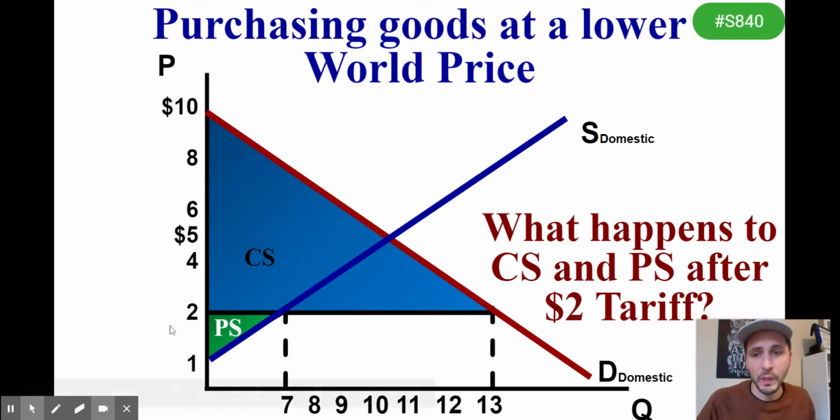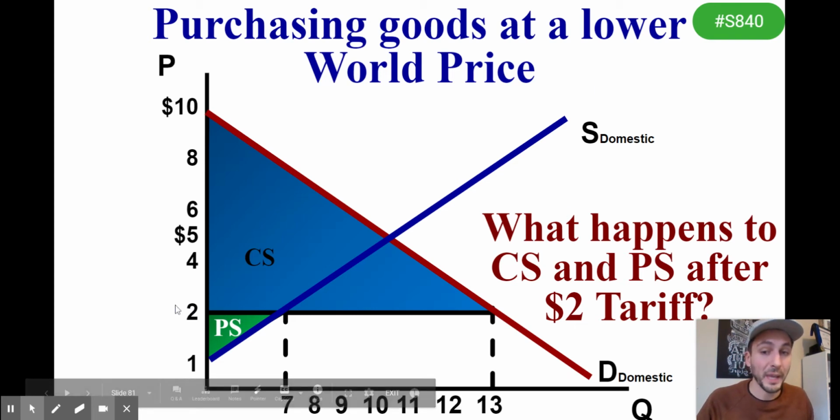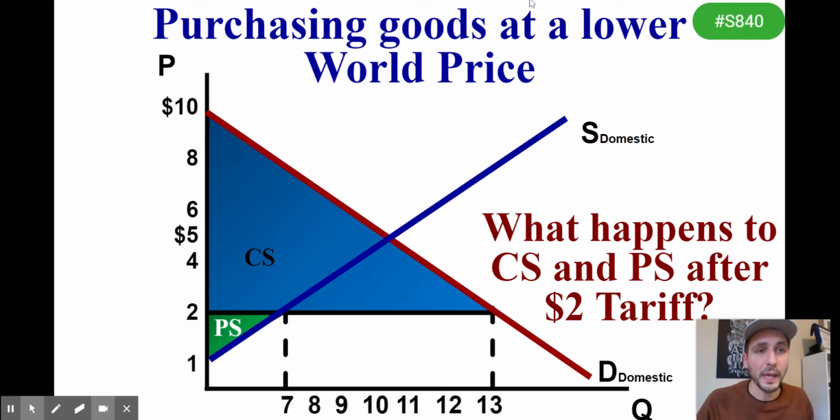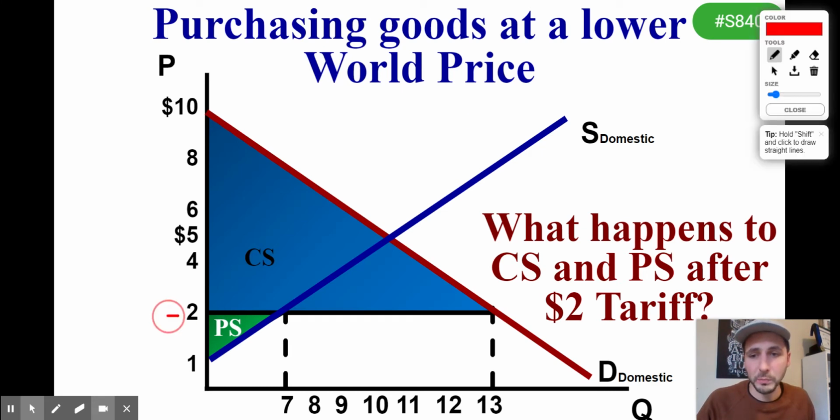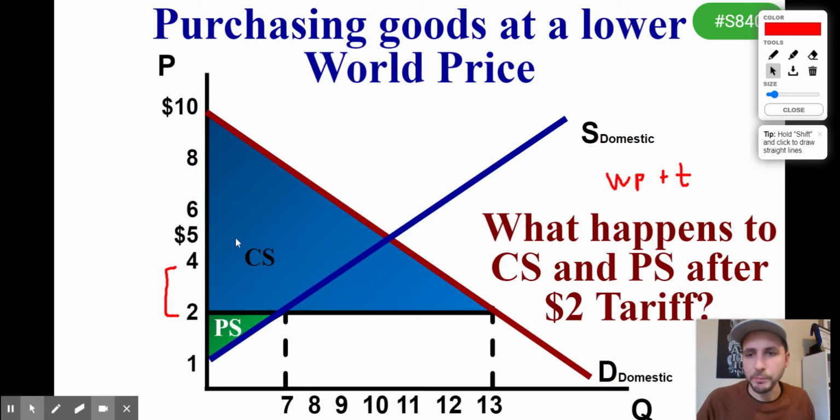Let's take a look. So if I'm increasing the price from $2 or I'm adding a $2 tariff, what I'm actually going to be doing is increasing the price from $2 to $4. It's just world price plus my tariff. That's going to be my new price. Okay? So, oops, sorry. So I'll show you this on a graph in a second.